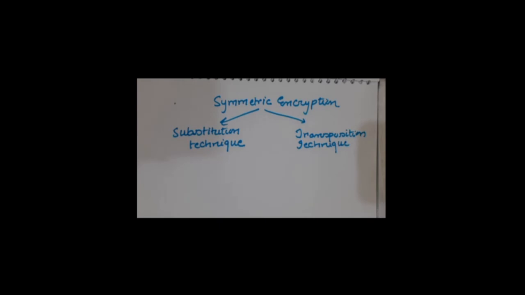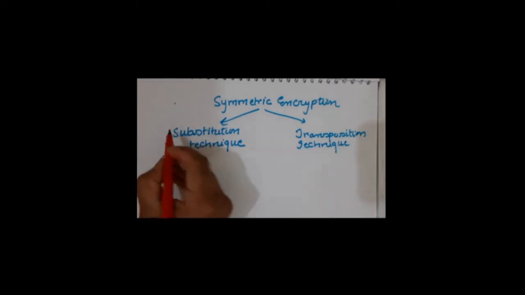Now, there's a difference between substitution and transposition. Before understanding substitution and transposition, you must be very clear with what is symmetric. Always keep in mind that symmetric means encryption and decryption both will be using the same shared secret key. Now coming on to the substitution technique.